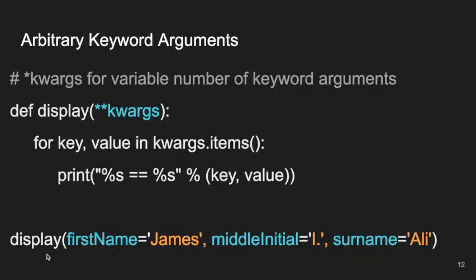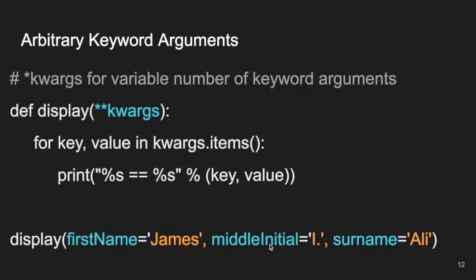You will notice here for this display function, when I call it, I have a keyword called first name. It is not here, but I'm declaring it here and using it. So first name, I supply James. So this is the keyword, this is its value. Let me say that again. First name is the keyword, James is the value.